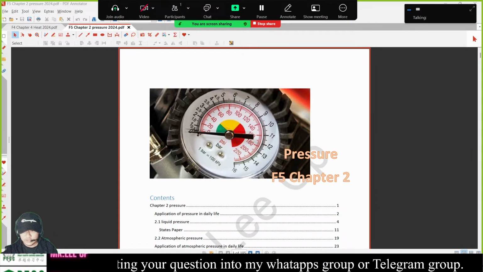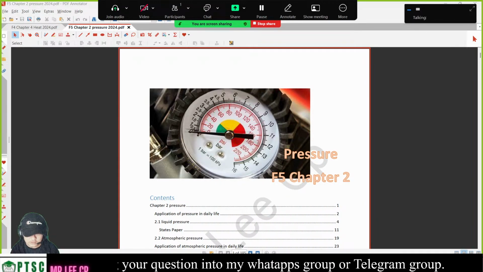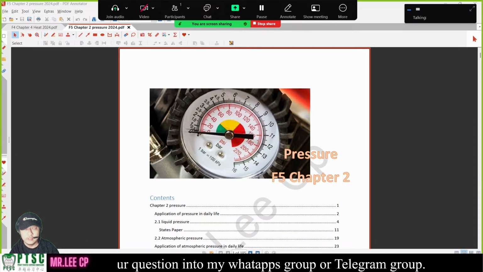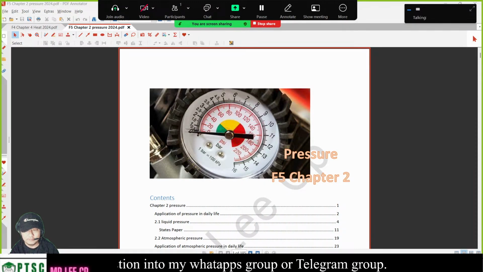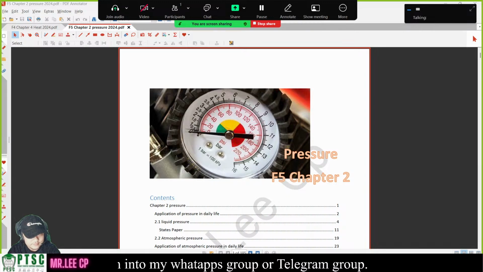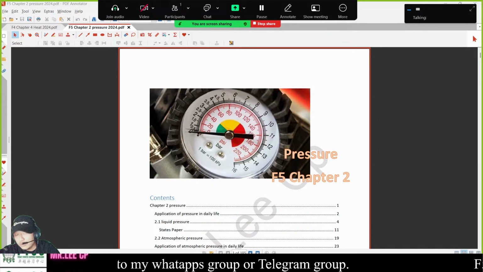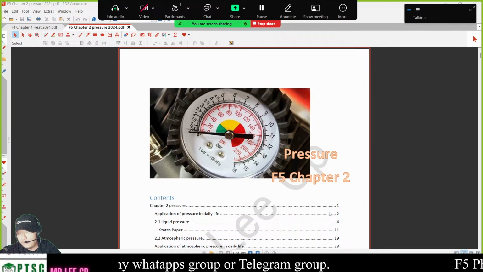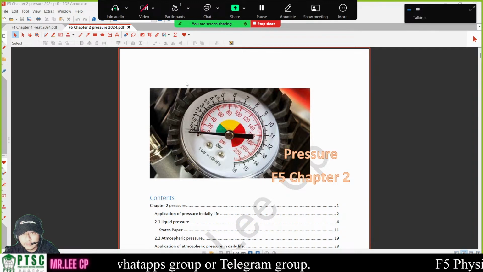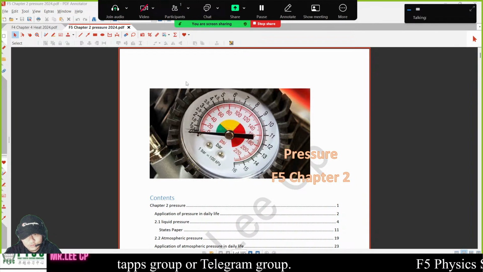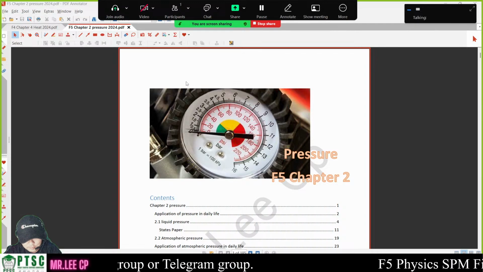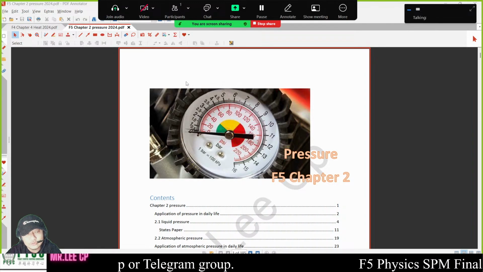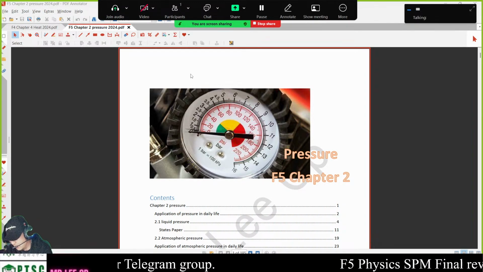You can ask objective or structural questions, and I will tell you my prediction. Tomorrow, same time, I'm going to do it again. So today I can do one chapter fast, picking the important points to do revision.